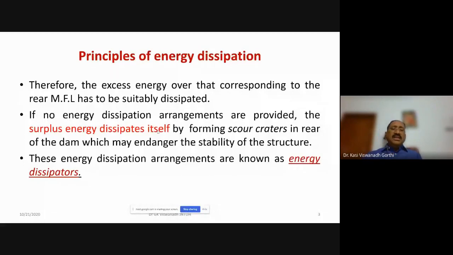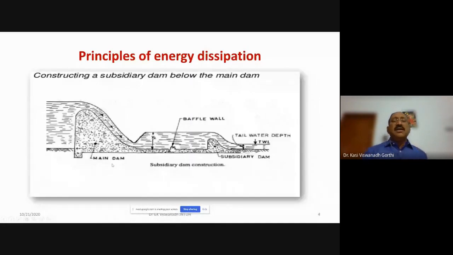These energy dissipation arrangements are known as energy dissipators. We shall see now in today's class the principle of energy dissipation and what types of energy dissipators would be provided. The simple principle for dissipating energy is clearly given in the figure: this is the mass concrete spillway.